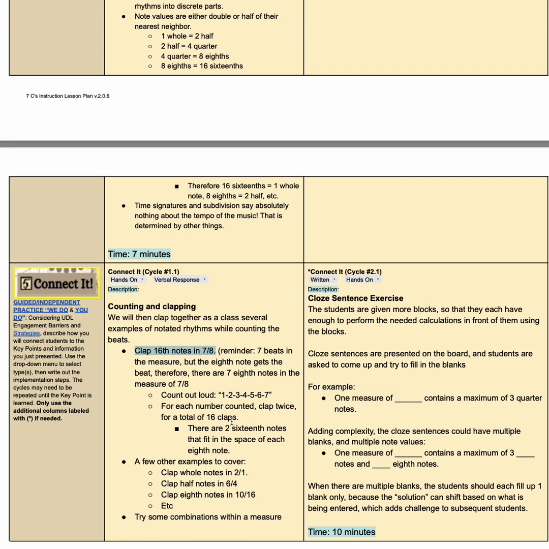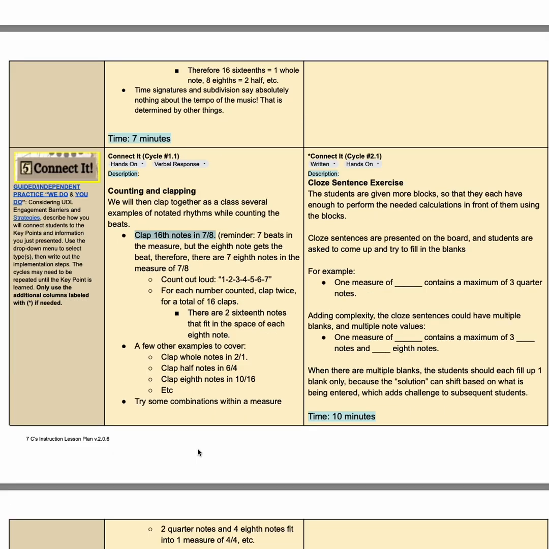So I'll say 1 2 3 4 5 6 7, 1 2 3 4 5 6 7, 1 2 3 4 5 6 7. So basically every two claps for every one number that I'm counting.